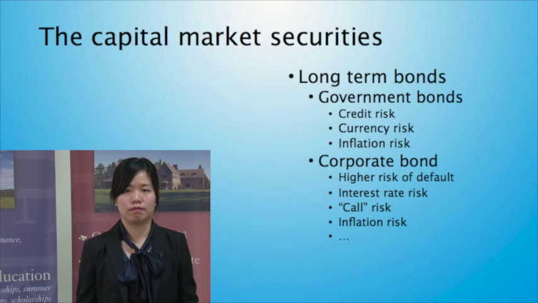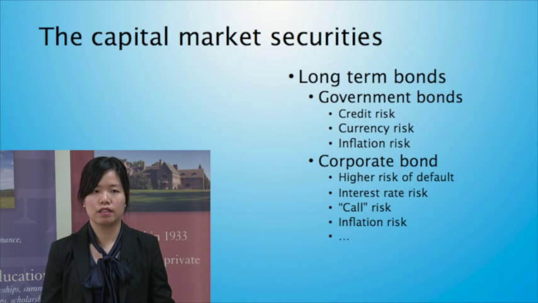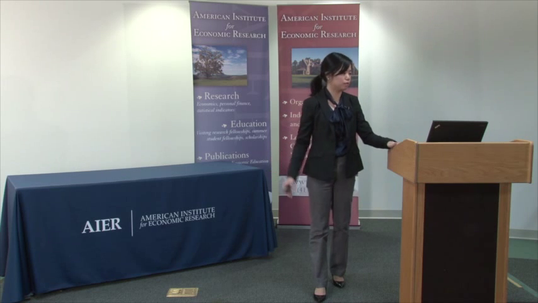Credit risk is, this is the debt from the government. It is very unlikely for a government to default, but it happened before. In 1998, in Russia, the Russian government defaulted on its currency debt. But let's hope it won't happen in the US, but it's possible.